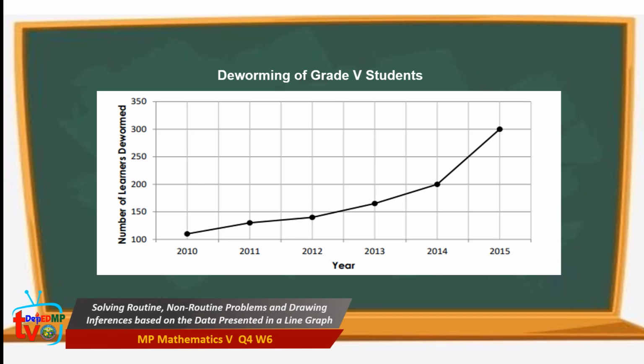In 2012, there were 140 learners dewormed. In 2013, there were 160 learners dewormed. In 2014, there were 200 learners dewormed. In 2015, there were 300 learners dewormed.